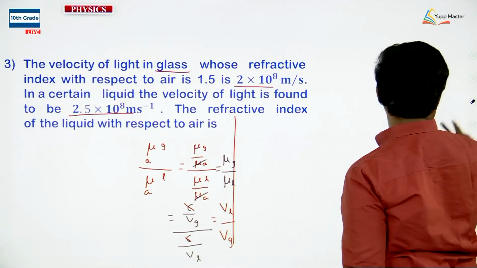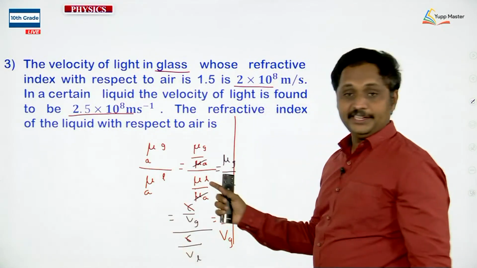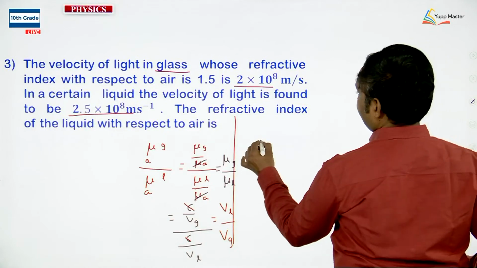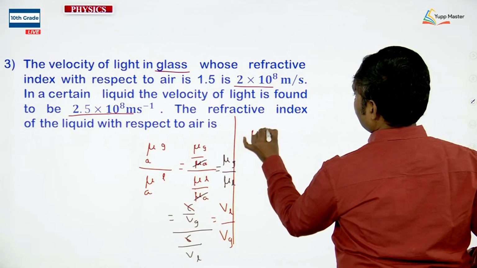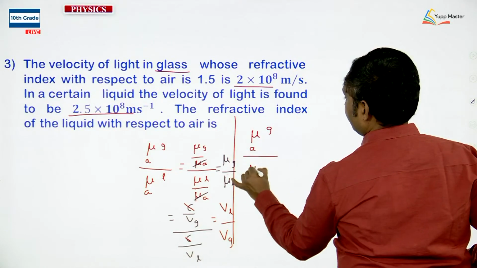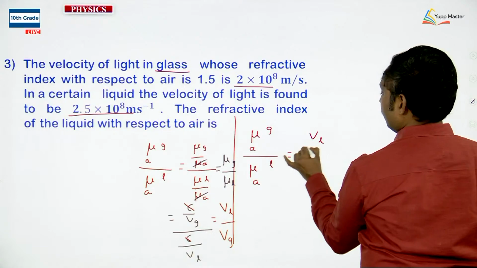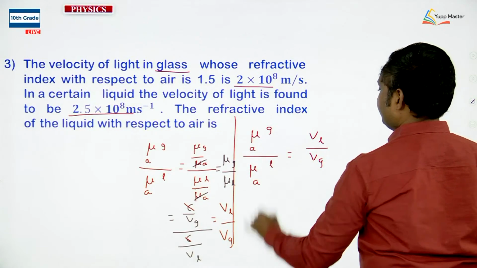Yes, we have obtained that final expression, that is mu G air by mu L air is equal to VL by Vg.